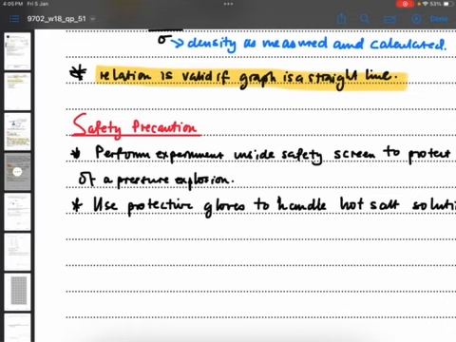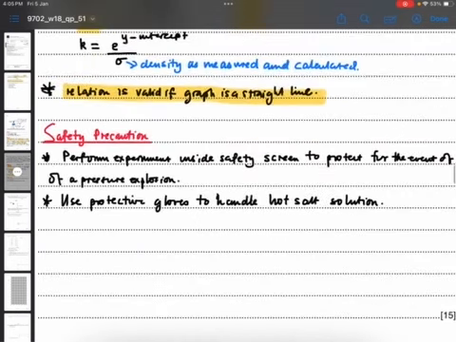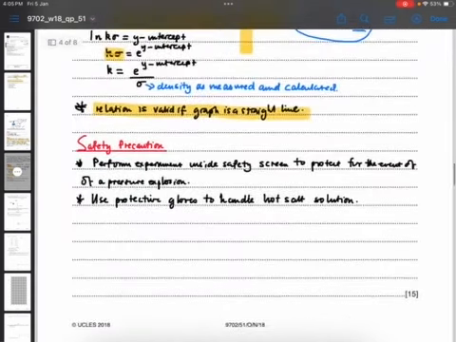So perform the experiment inside the safety screen to protect for the event of a pressure explosion. Remember, you're boiling salt solution here in a sealed container, and this sealed container might be a conical flask, it might be a glass container.